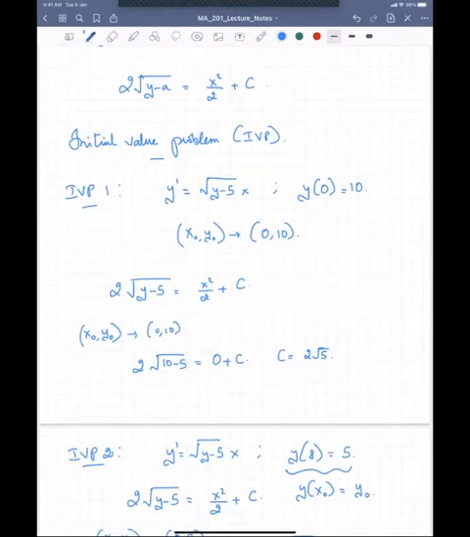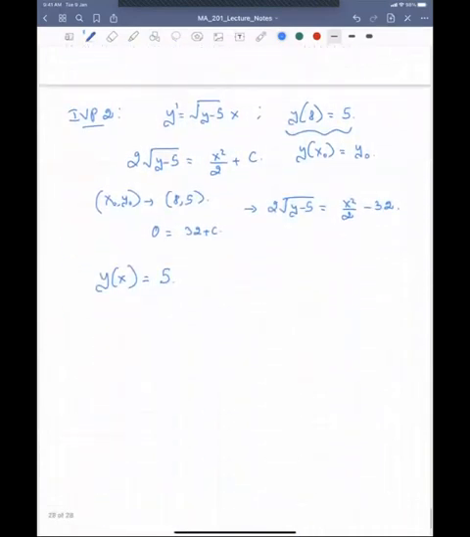It is simply not possible. So for this initial value problem, for the same differential equation, this is the only solution possible: c equals 2 root 5. But for the same differential equation with a slightly altered initial value, it is possible that I can have two solutions. Admittedly, one of them is just a constant, but it's still a solution.